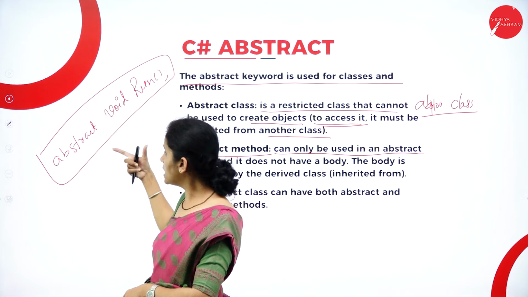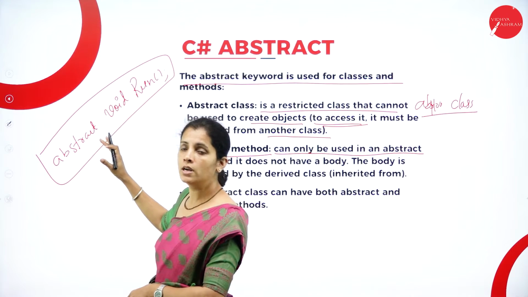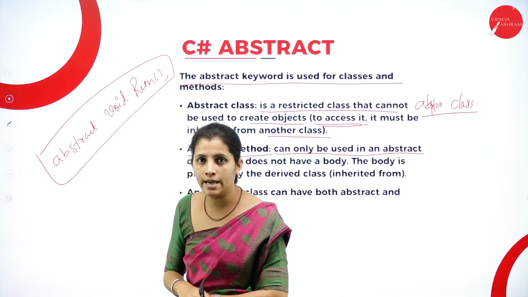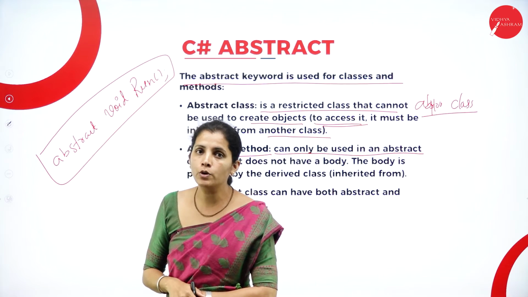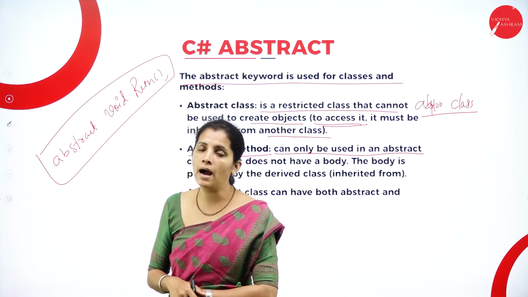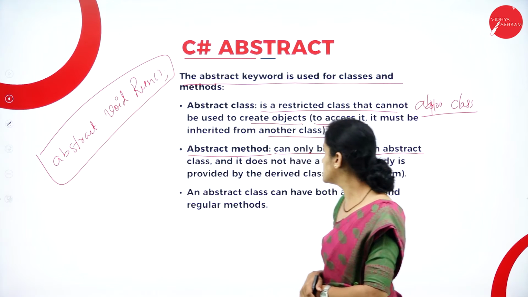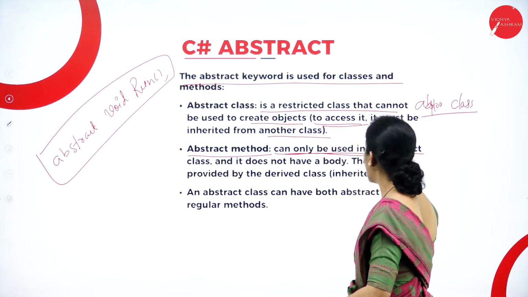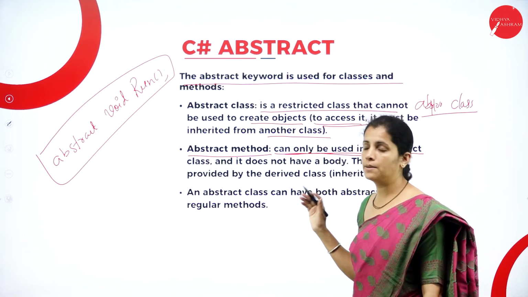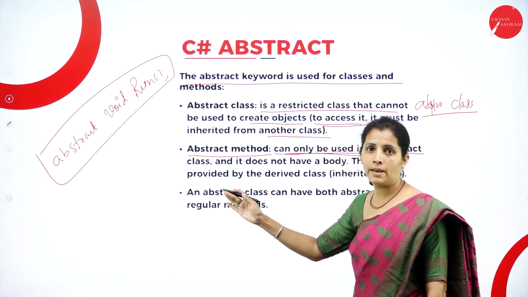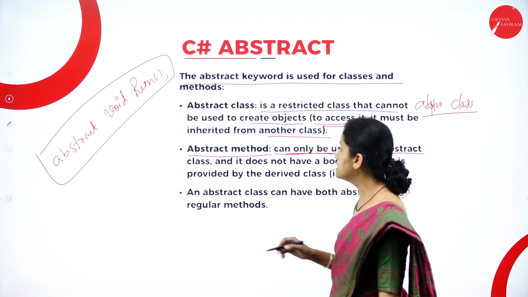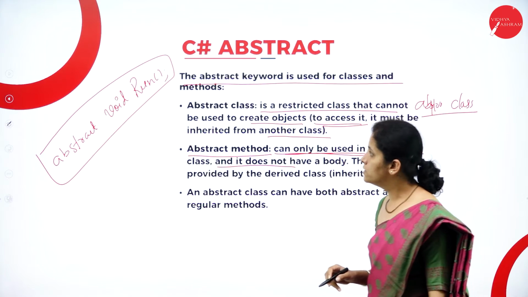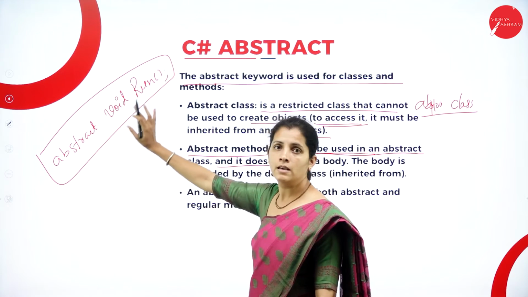In my abstract class, I'm just going to define the abstract method, and I'm going to write the implementation part in my derived class. It can only be used in an abstract class. That means I'm going to use the abstract method in my abstract class, and it does not have a body. So I just have the skeleton.